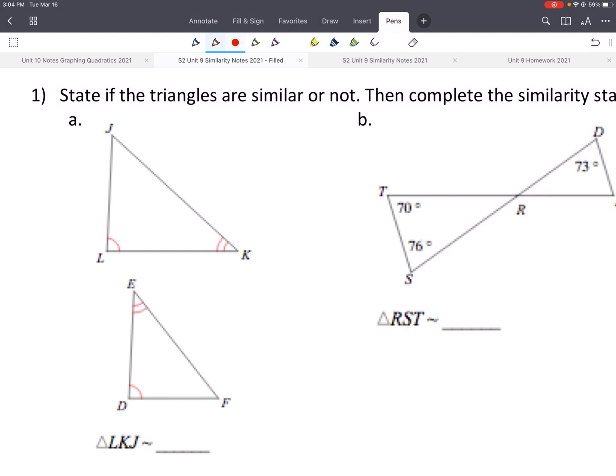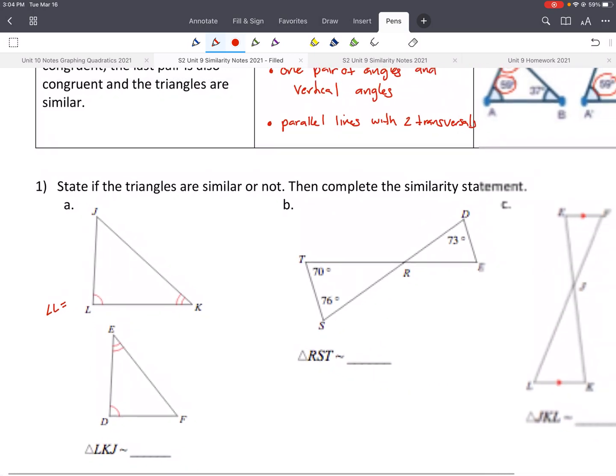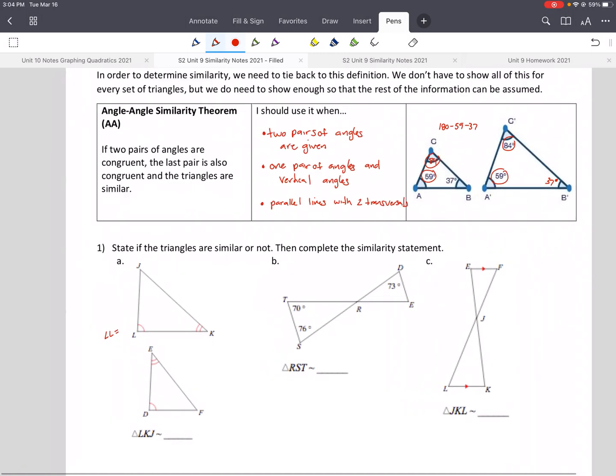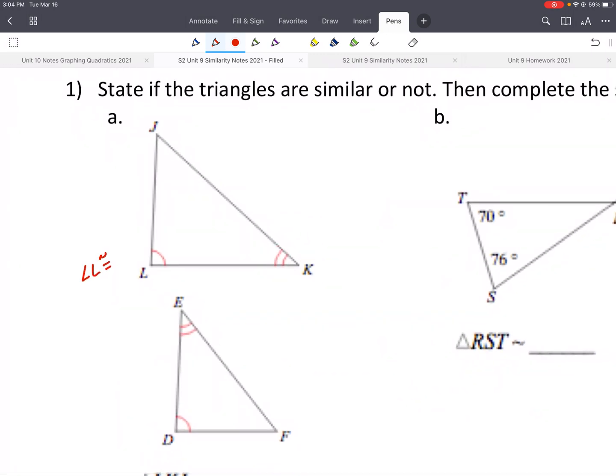So angle L is congruent to angle D. Sorry, one sec. Okay, so angle L is congruent to angle D because they have the same symbol.